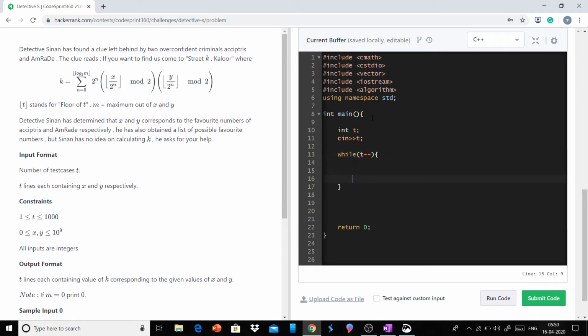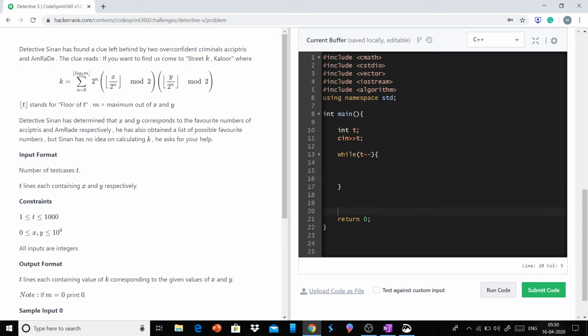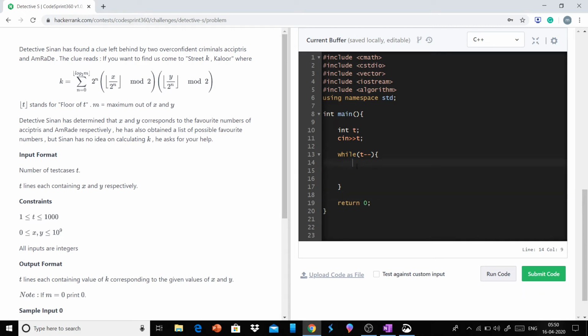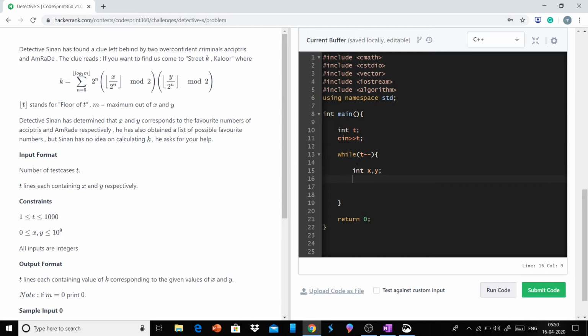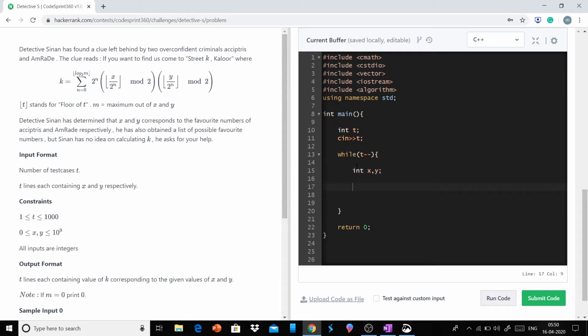It means that we need to run the program t times. Now we need to take two integers, x comma y. And I need to declare an integer m having the maximum, and we can use a predefined function called max x comma y. What this max function does is that it returns the maximum value of x comma y, which will be stored in m.